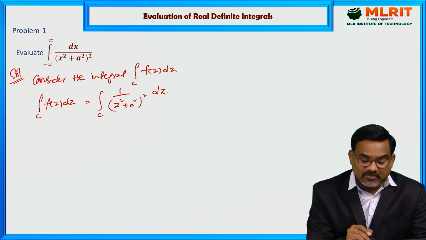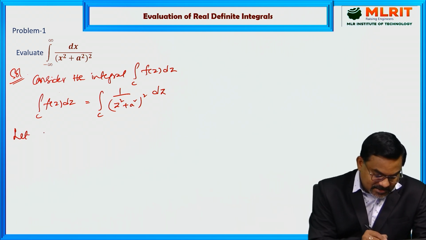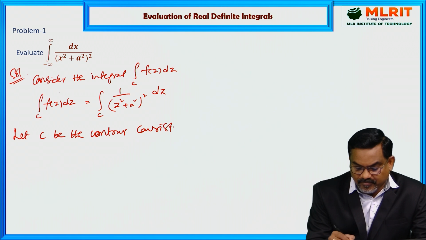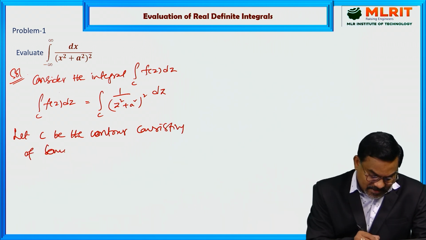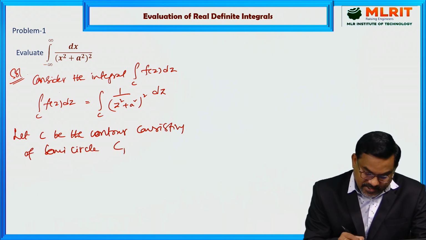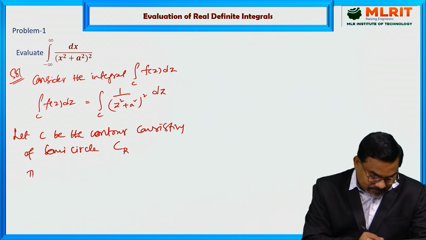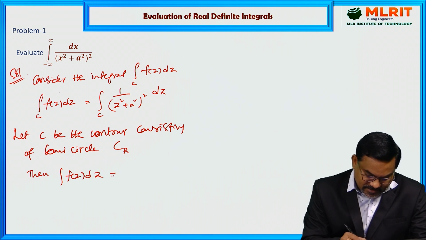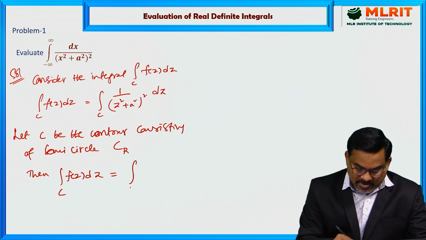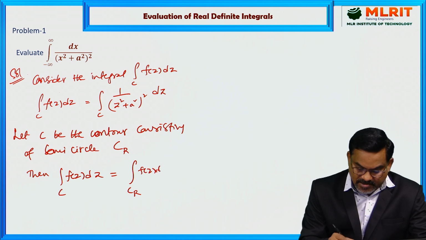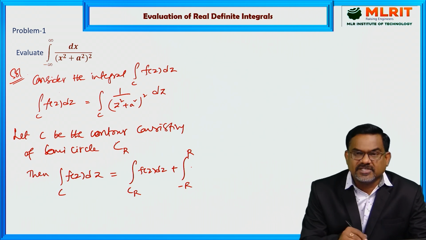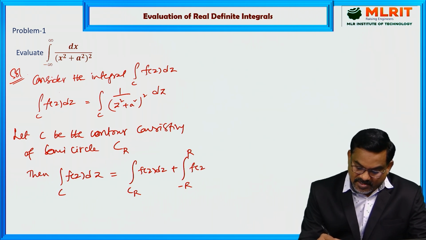In terms of z we have considered this, and let C be the contour consisting of the semicircle CR. Then the line integral of f of z dz is equal to the integral along CR of f of z dz plus the integral from minus R to plus R, which is the real axis, of f of z dz.